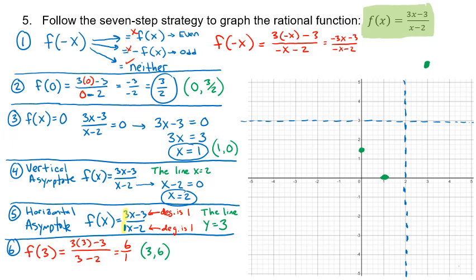All right, and let's just plug one more point in. I'll use a different color to keep everything straight. Let's say f of something to the left of 0. Let's plug in negative 2. Replace x with negative 2. So that is 3 times negative 2 minus 3 on top, negative 2 minus 2 on the bottom.